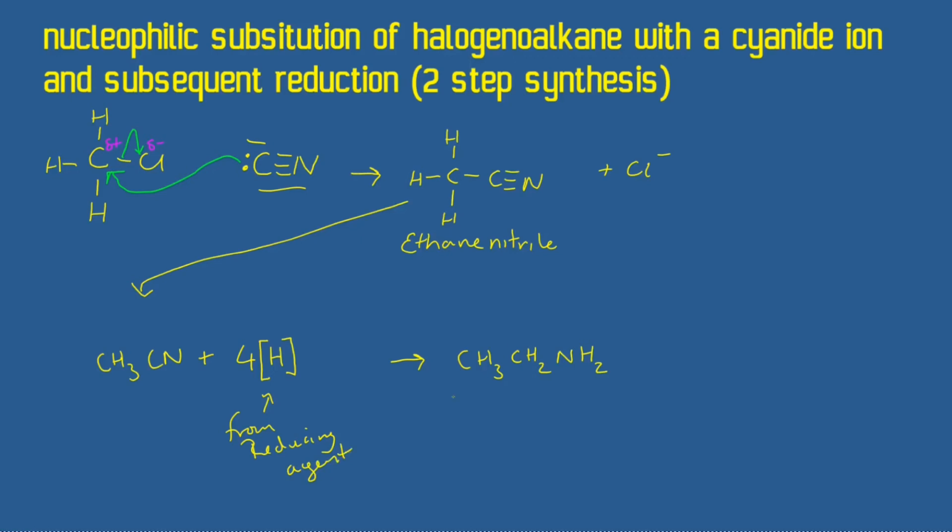So you need to know what the reducing agent is. You've got a choice of a couple you can do for this one. So the reducing agent may be lithium aluminium hydride, lithium tetrahydridoaluminate, I think, or something like that.